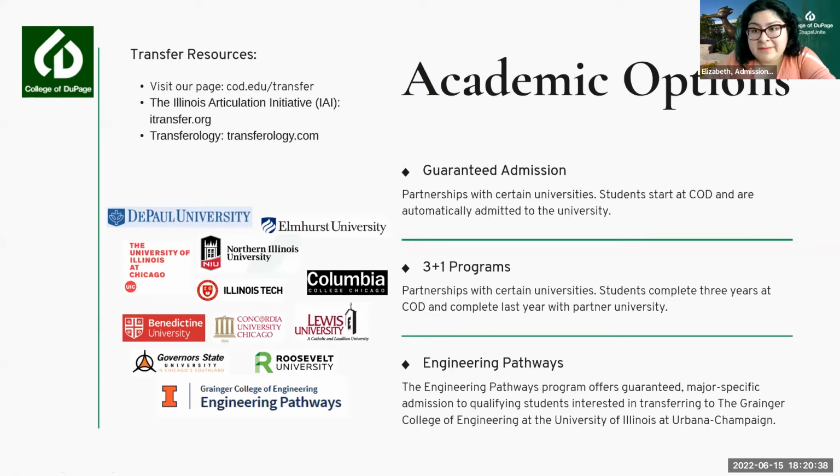There's a very specific application process, but the gist of it is that students apply to College of DuPage. They're pursuing their Associate of Engineering, but with a very specific course sequence that UIUC has provided. If they maintain the GPA, then they are guaranteed admission into their School of Engineering.